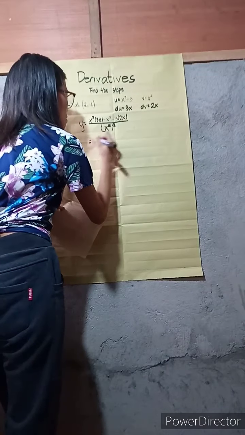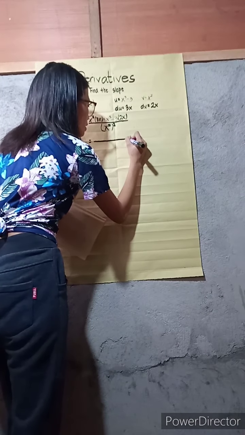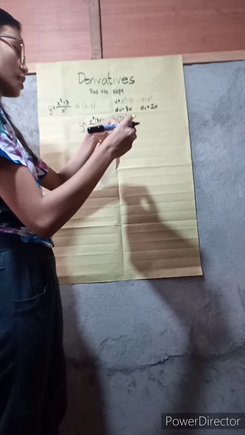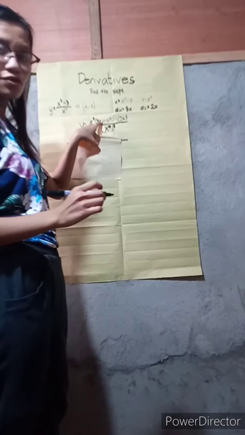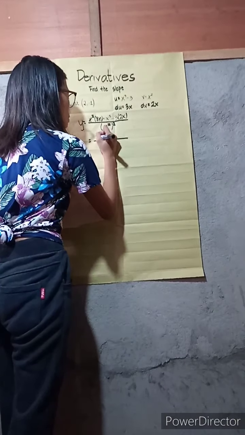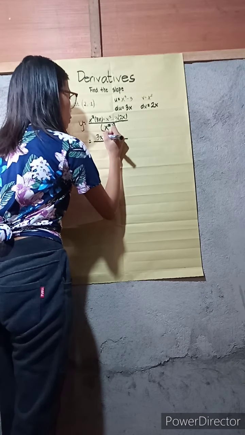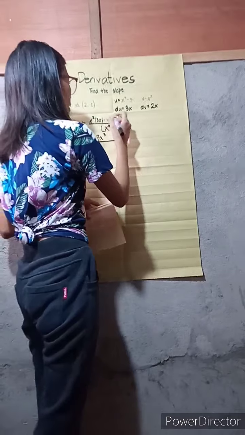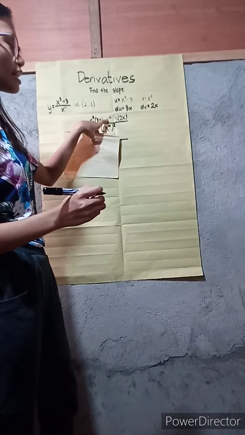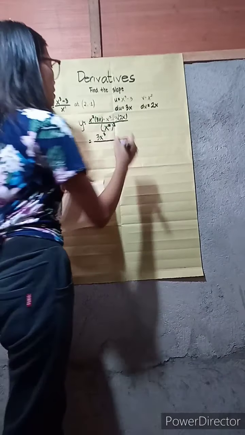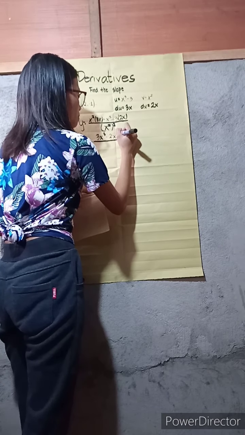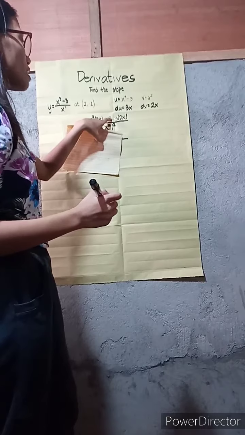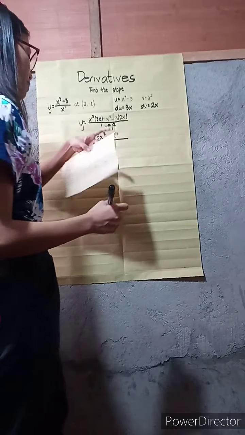So x squared times 3x squared is equal to 3x to the power of 4. Then 2x times negative x cubed is equal to negative 2x raised to the power of 4.